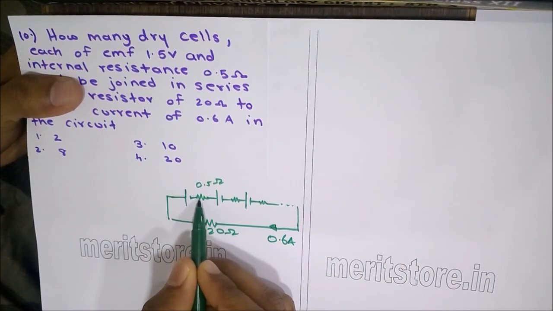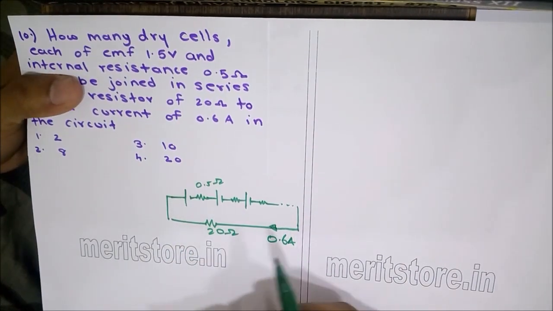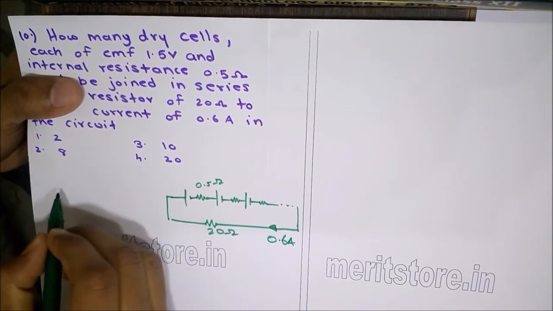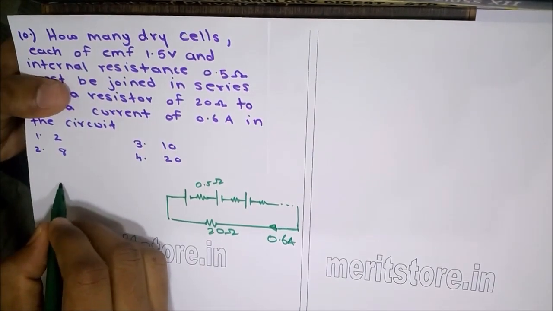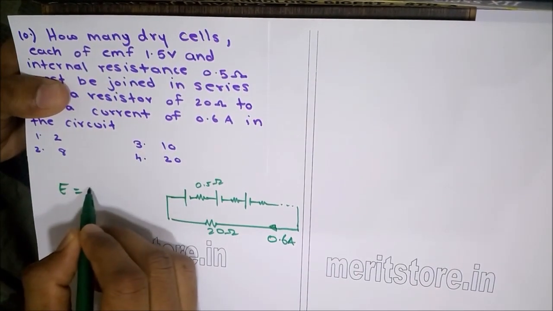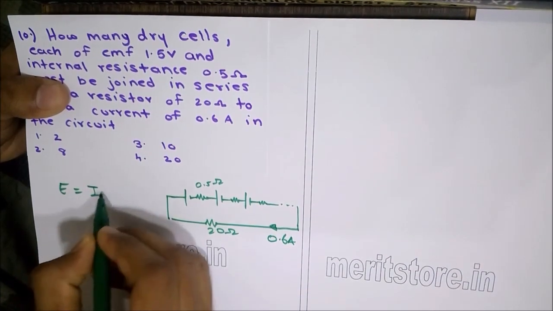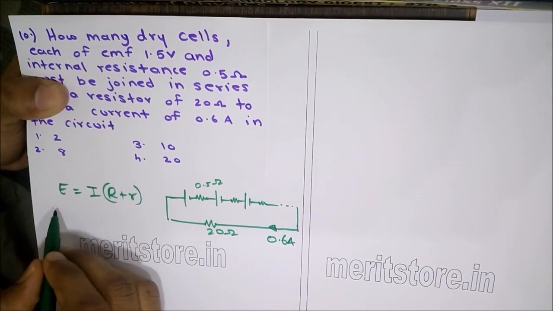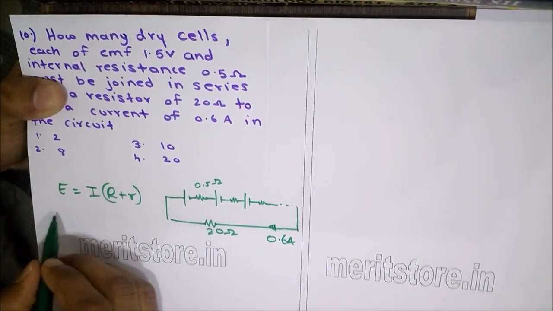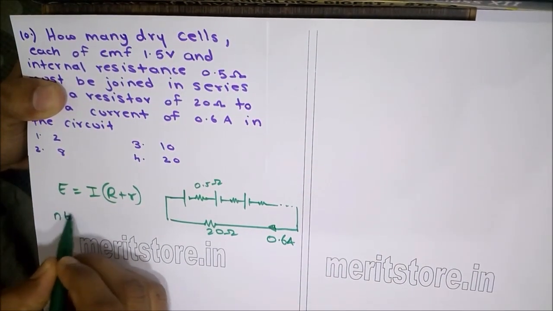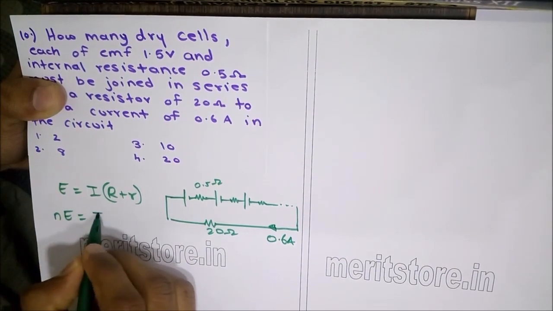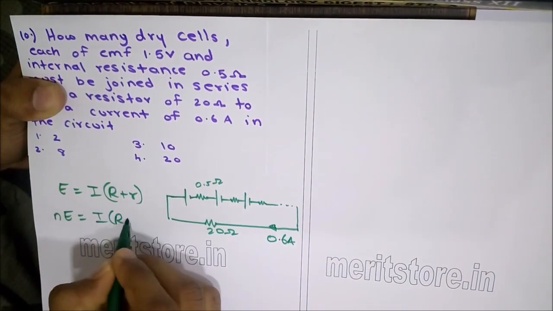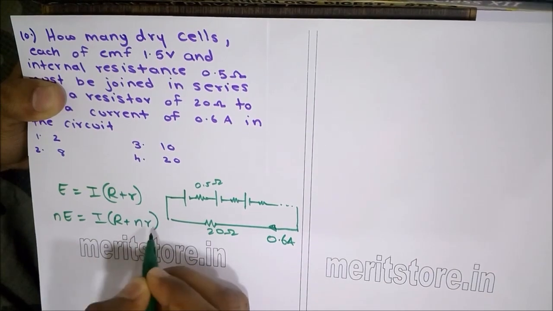In a similar manner, when resistances are connected in series, they also add up. So let us use the basic formula E equals I times R plus r. But here, since there are n number of EMFs, the formula would change as n times E equals I times R plus n times internal resistance.